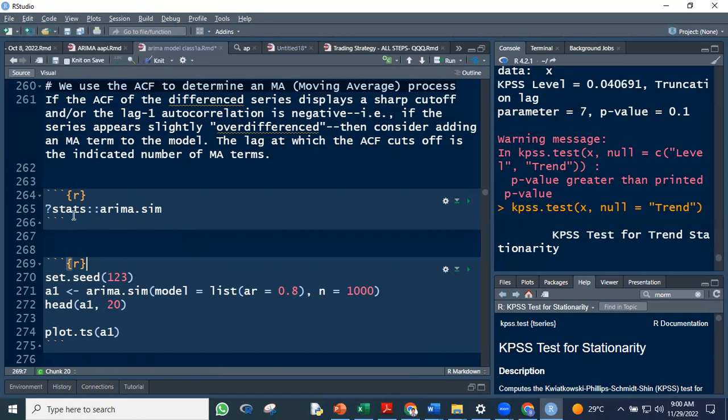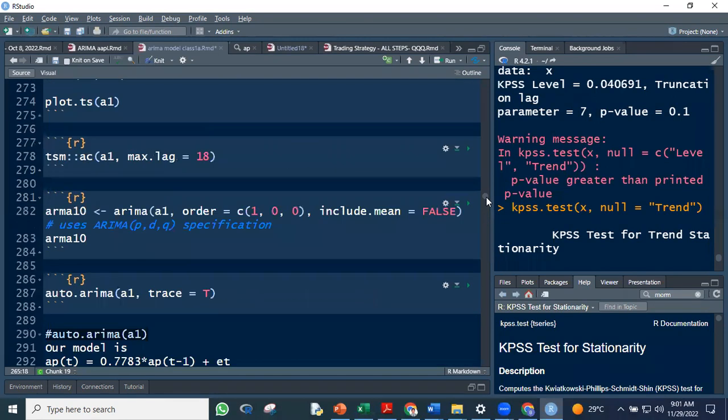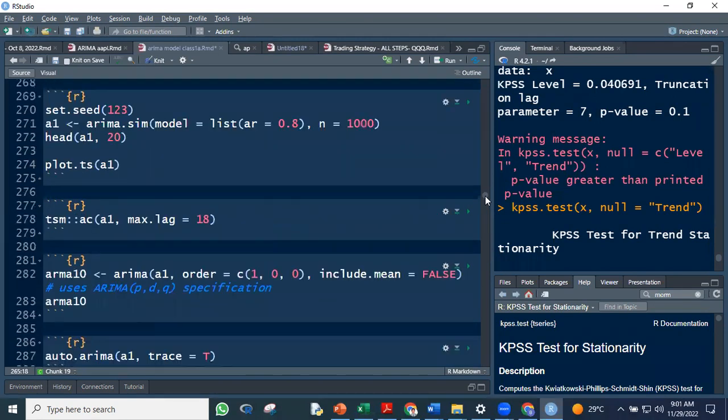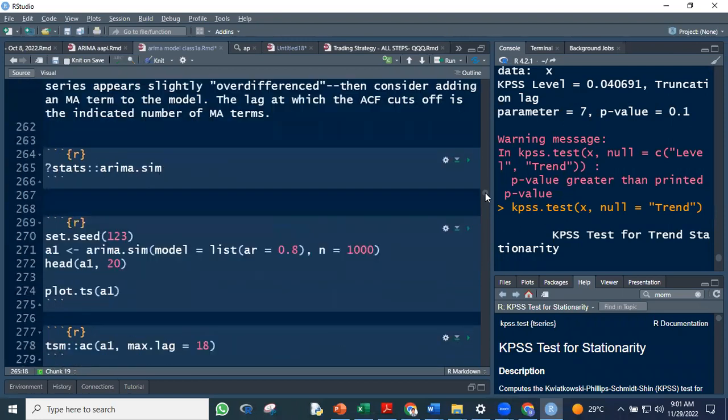So, meron tayong arima.sim function. Itong ginagawa nito is magsa-simulate siya ng series, okay, which can be modeled as an ARIMA. So, dito tayo, set.seed 1, 2, 3, and I'm creating this object called A1.